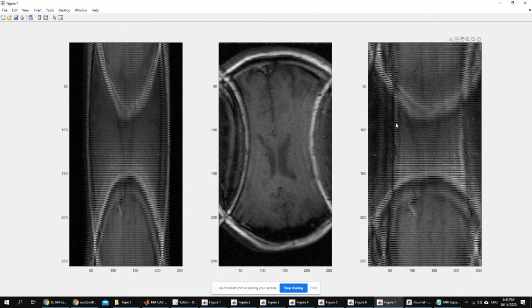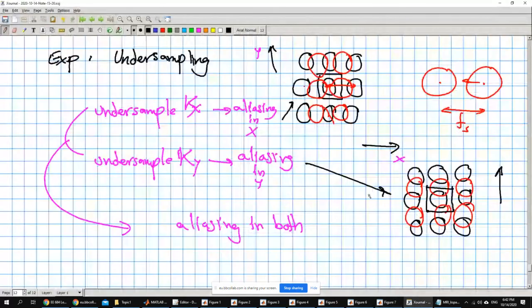It's not very clear, but they are like this. In order for me to make it a little bit clearer, I think, because I undersampled, the image will come out a little bit off, but it's okay. It should be okay still. But basically, when we have aliasing in both directions, you will have something that will basically look like this.